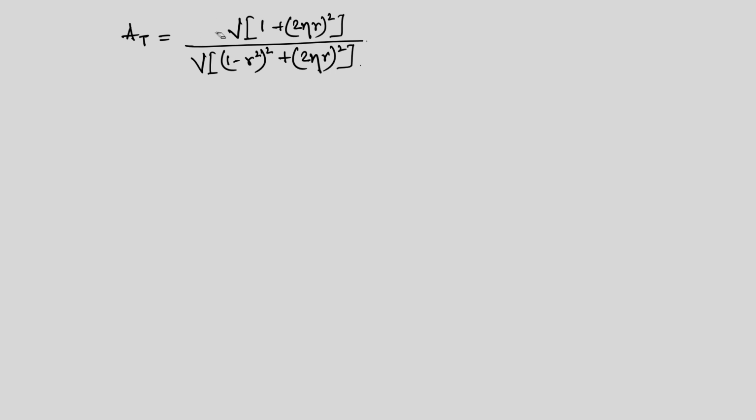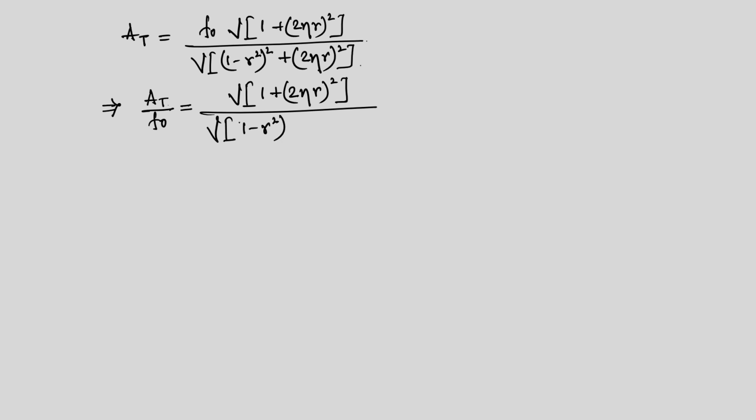This is nothing but our f naught. So, now if we find out the ratio of transmitted force to its amplitude, what we have on the right hand side is again 1 plus twice eta r whole square divided by square root of 1 minus r square whole square plus twice eta r whole square.